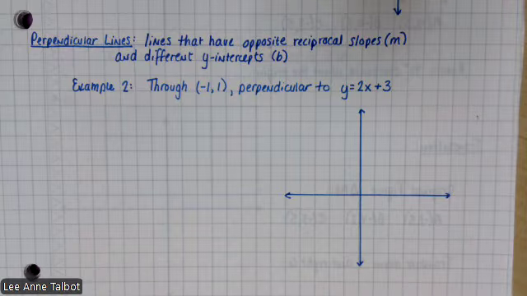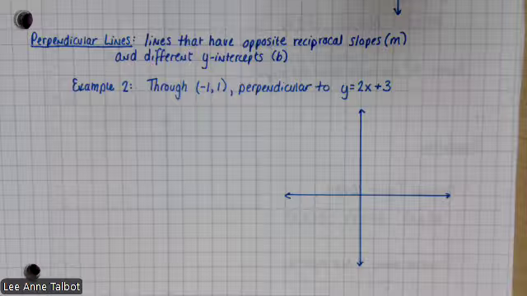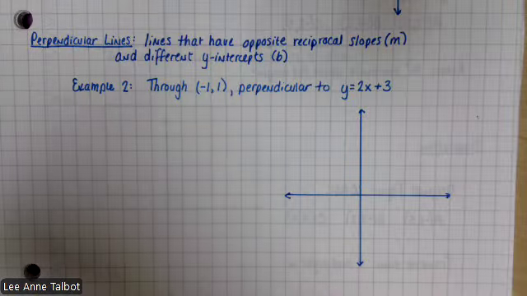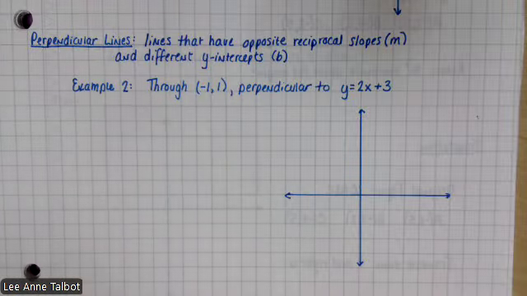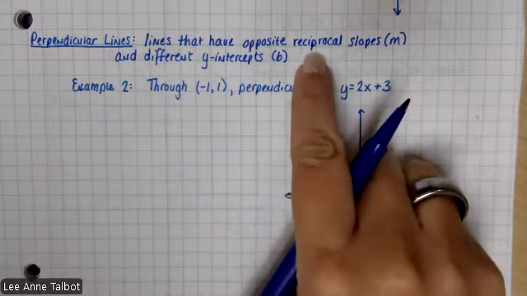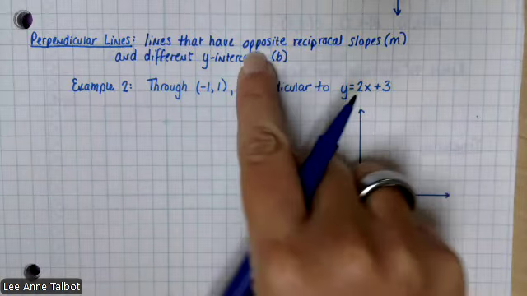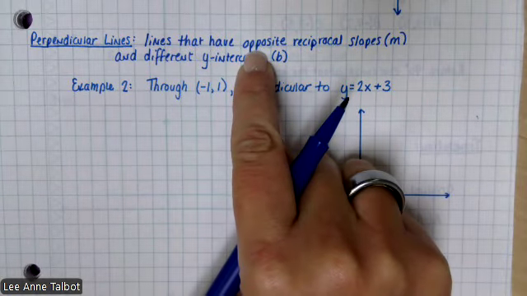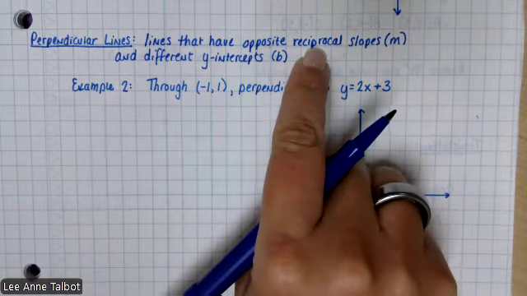Lines that have opposite reciprocal slopes. What does opposite reciprocal mean in easy language? Flipped and sign switch. Both. So this word means flip. This word means change the sign. Change the sign and flip.